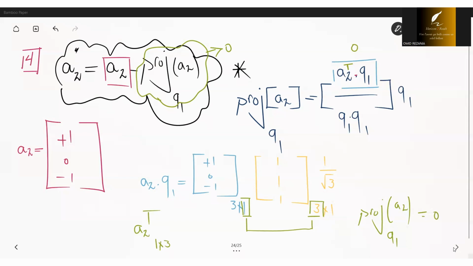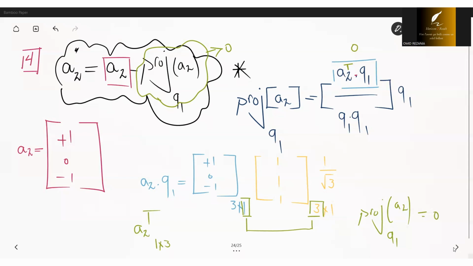Then if the matrix has a third column, we go for the third column. We make a projection on Q2, then subtract it from A3 to get the component from there. Now we have only the second column, so we just do the second step.